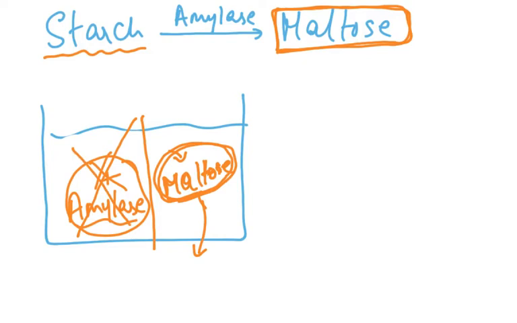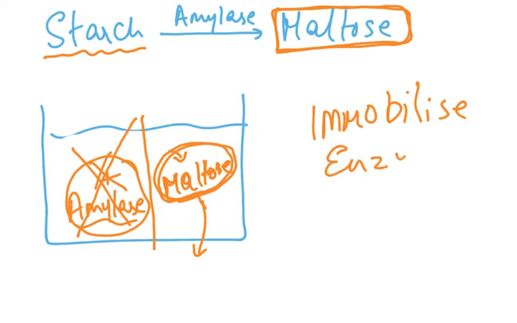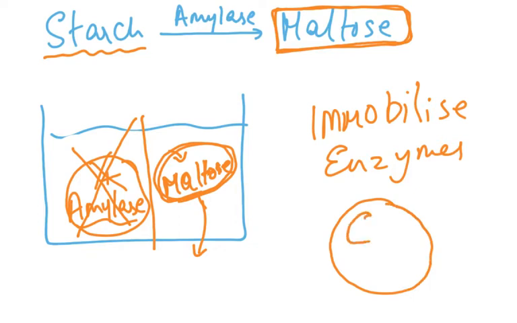Now that's a pretty difficult possibility, because we need some very special type of filters which are going to separate the maltose from the amylase. So some brilliant biologist came up with the idea: let's immobilize enzymes. Immobilizing enzymes means that you get something and you attach the enzymes to that.